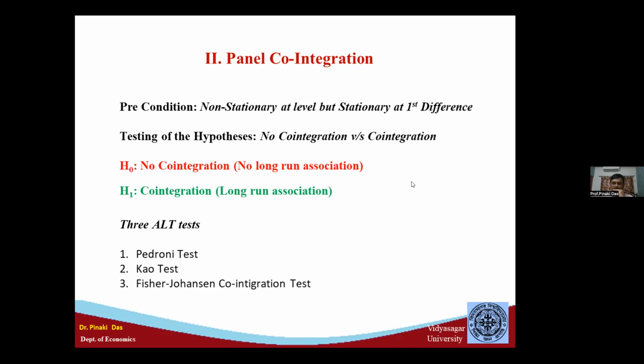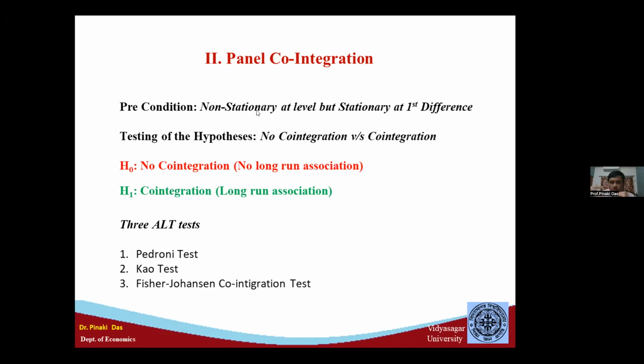Suppose GDP is non-stationary at level and stationary at the first difference, whereas Gini is stationary at the level. Therefore, the order of integration of these two variables is not the same.